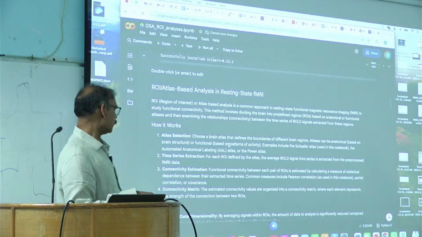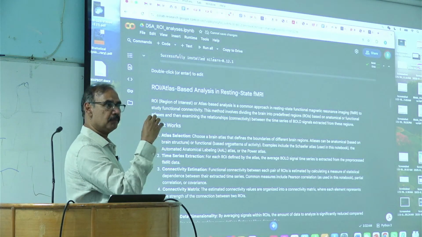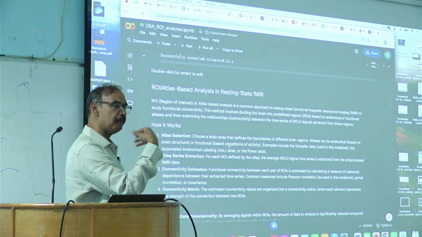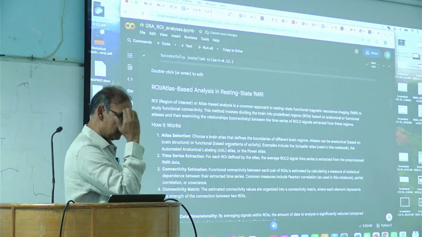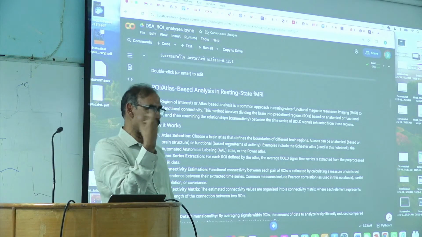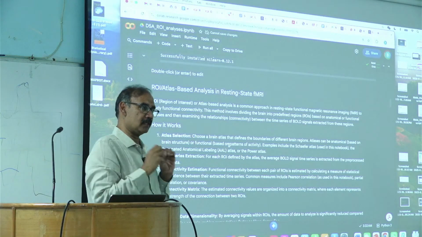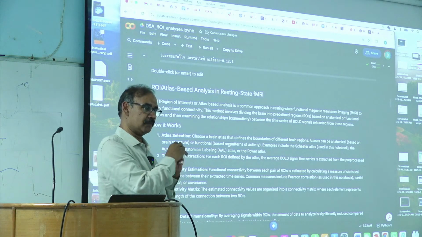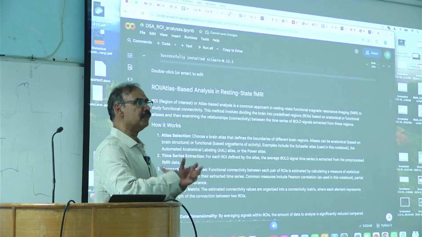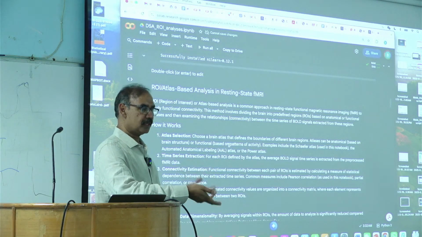There is also the Power Atlas. They have already defined the locations in the brain. Again, you can do ICA, but another way is that rather than do ICA, we can take the corresponding time series for each of these regions in the atlas and then correlate them. And that may give us statistical properties.